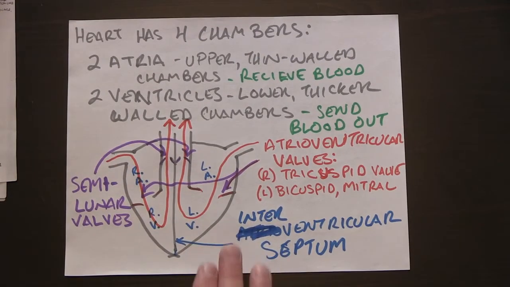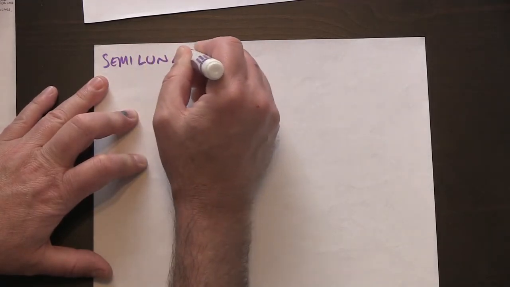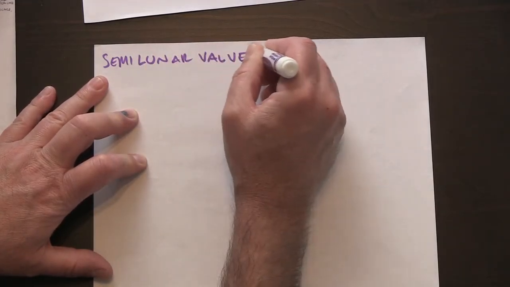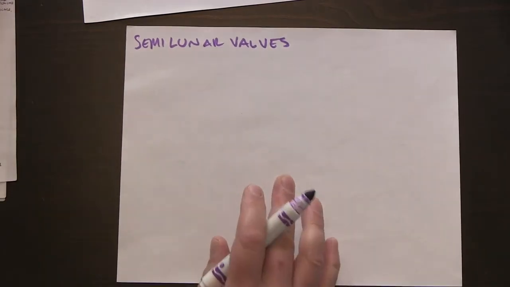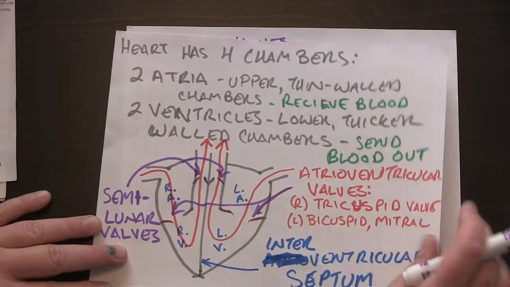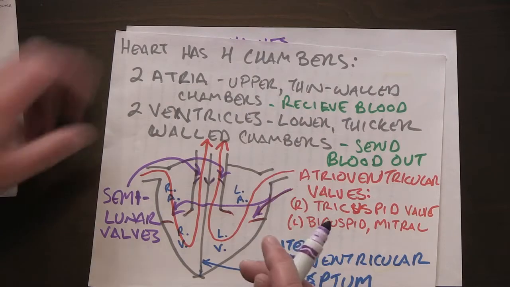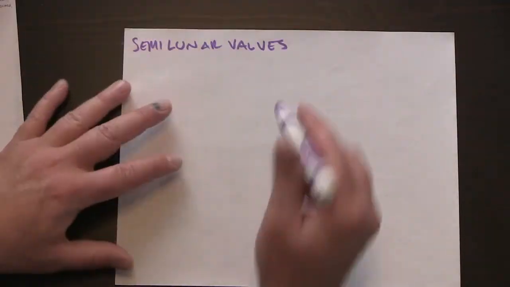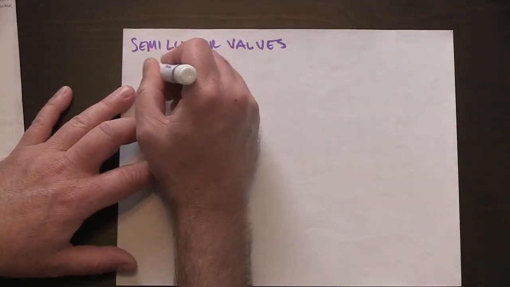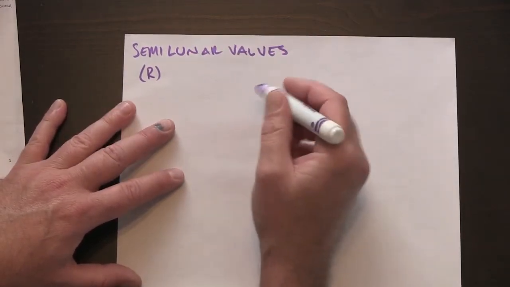So let me get another sheet of paper and we'll talk about these two semilunar valves. The one from the right is going to the lungs, and so they call that the pulmonary circuit. So on the right is the pulmonary valve.